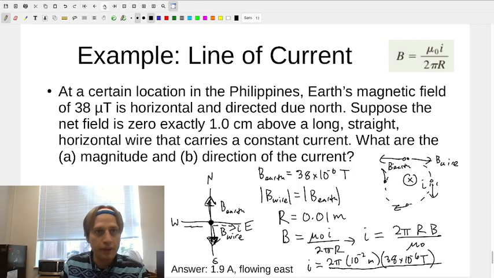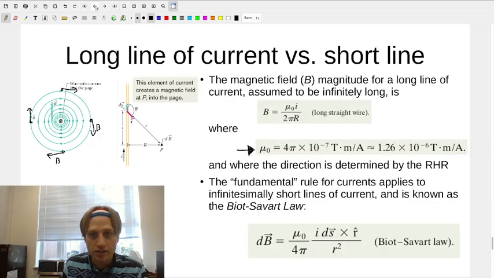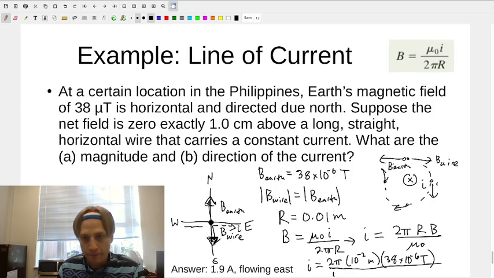And then if we look back, that constant is 4 pi times 10 to the minus 7 Tesla meters over amps.